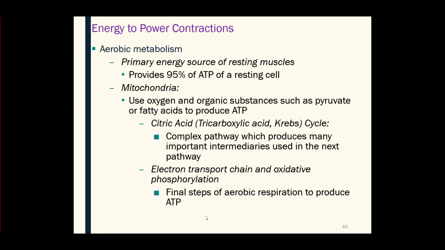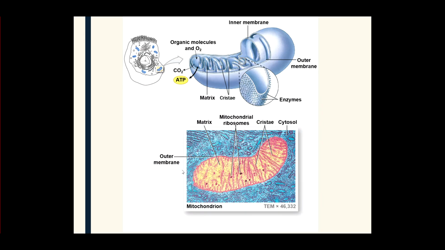Aerobic respiration occurs in the mitochondria and it needs oxygen. There are two pathways, the citric acid cycle and the electron transport chain and oxidative phosphorylation. These are the pathways inside the mitochondria that produce our ATP.